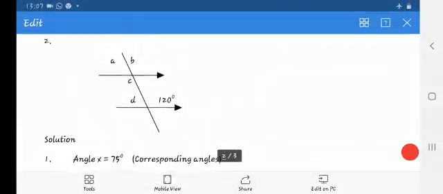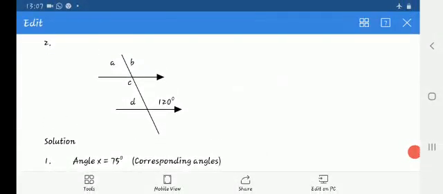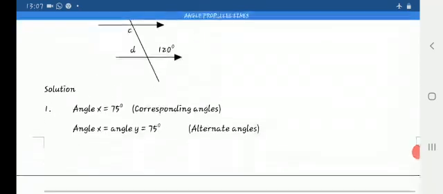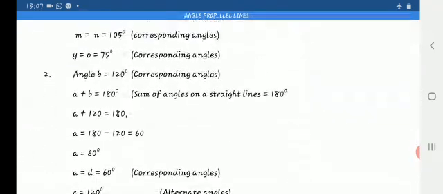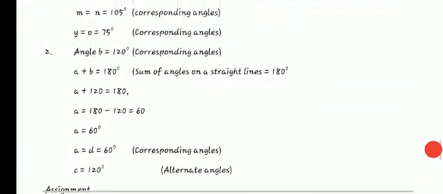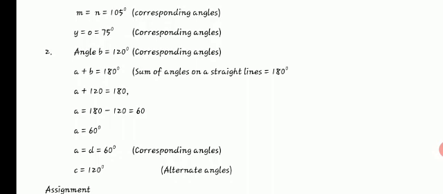Example 2. If you look at the example where we have A, B, C, D, then an angle is given to be 120 degrees. Your angle B is equal to 120 degrees, corresponding angles. Angle A plus angle B is equal to 180 degrees. That is, the sum of angles on a straight line is equal to 180 degrees.